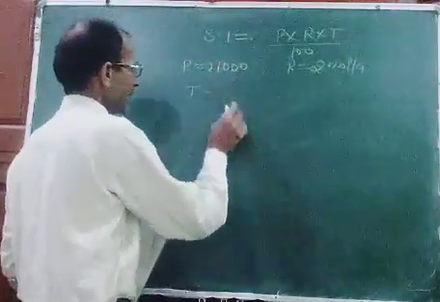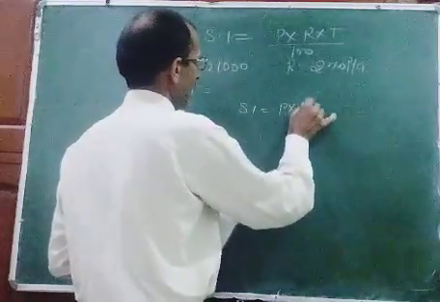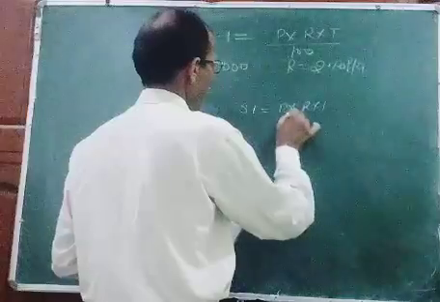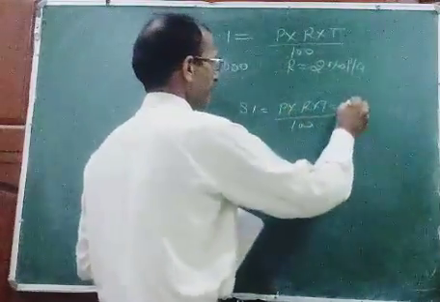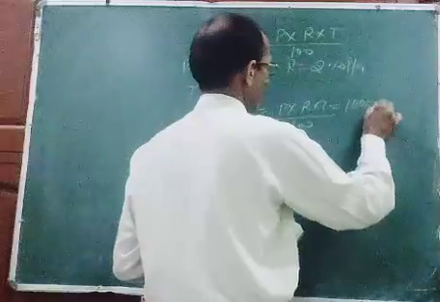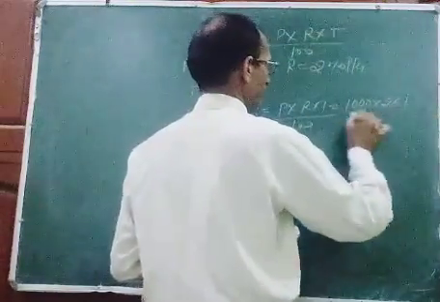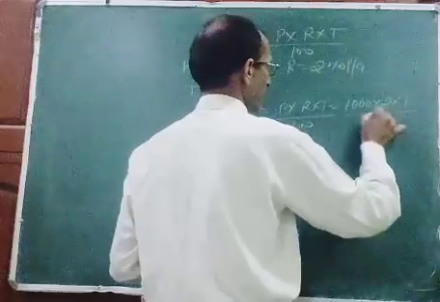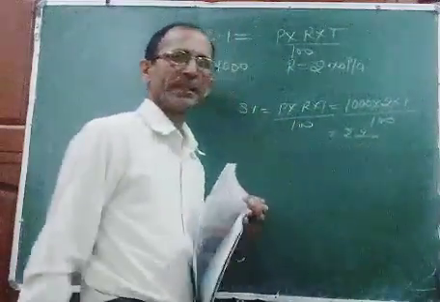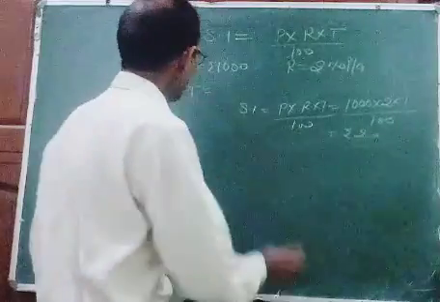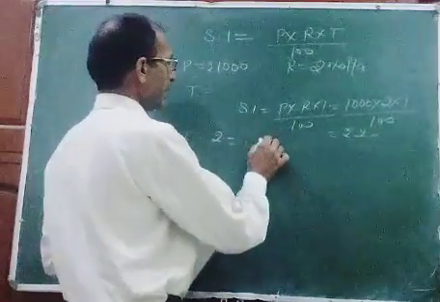First I will take simple interest, principal, rate, time upon 100. So what is principal? 1000, rate 2 and time is 1. So what will be the simple interest? Rupees 20.